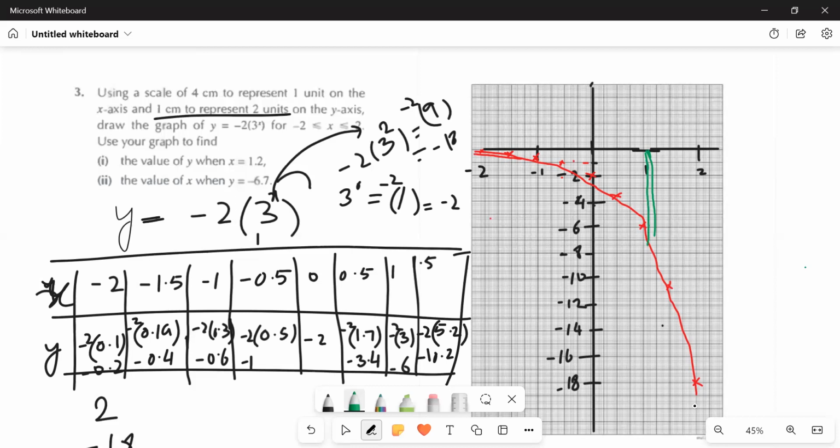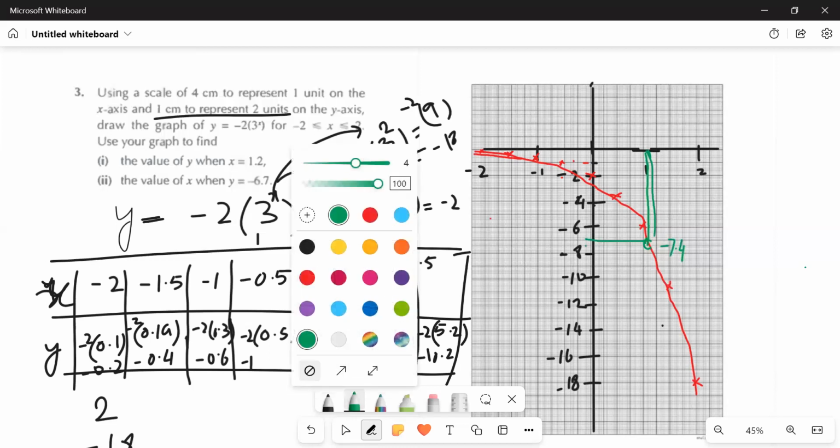we need to find the values of y. So the y value is minus 7 point something. It will draw here, minus 7.4. So this point becomes minus 7.4. And the next is minus 6.7.